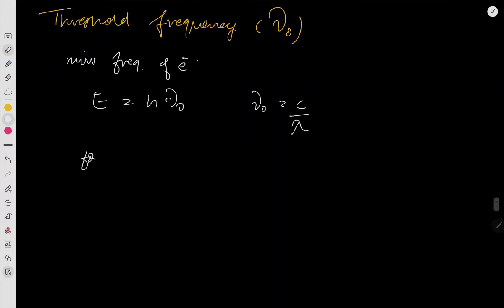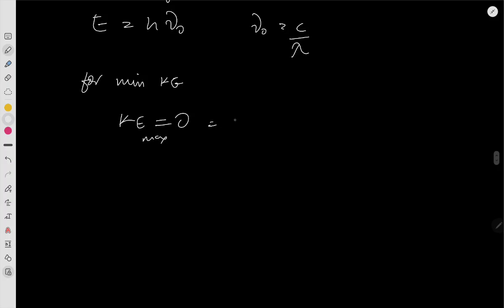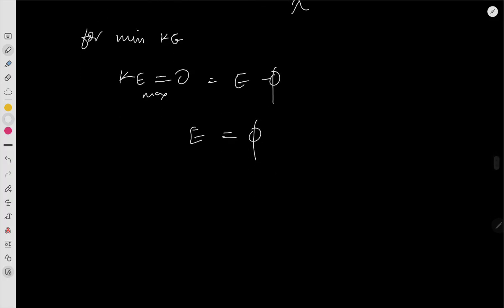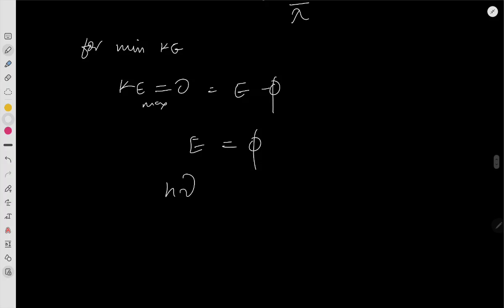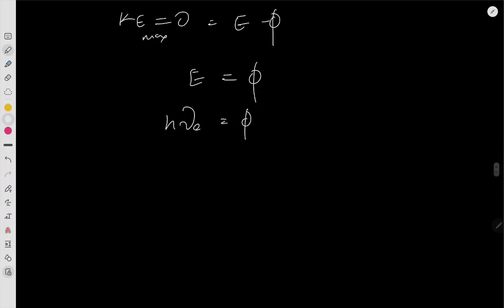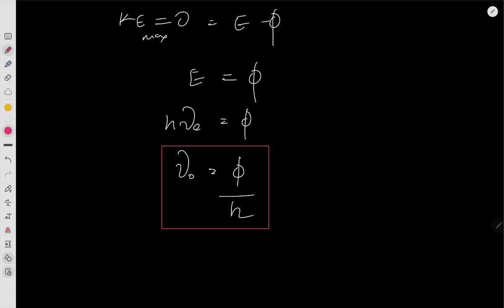For minimum kinetic energy, which can be equal to 0 in Einstein's equation, which is equal to E minus phi, E becomes equal to phi, while E is equal to h nu naught. So h nu naught equals phi, so nu naught is equal to phi by h.